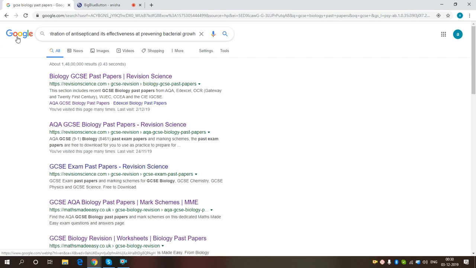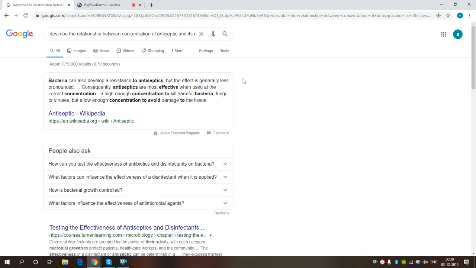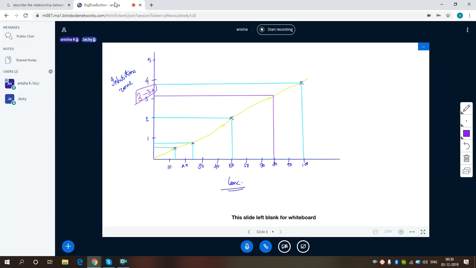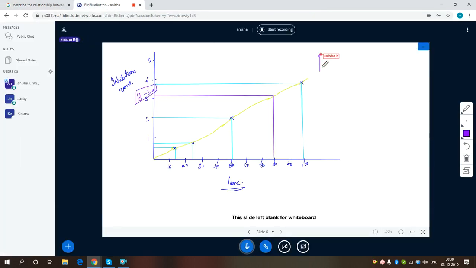Questions you can give me regarding this. What we can see here is that bacteria develop resistance to antiseptics, okay?